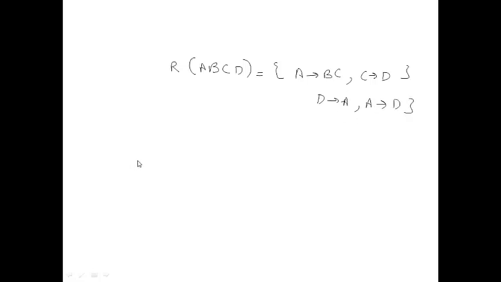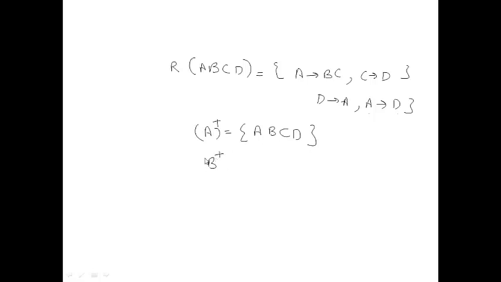These are the FDs. So if I want to find out the attribute closure of A, first A will be added. From A I can determine BC, so BC will be added. From A I can determine D, so D will be added. So the attribute closure of A is ABCD.